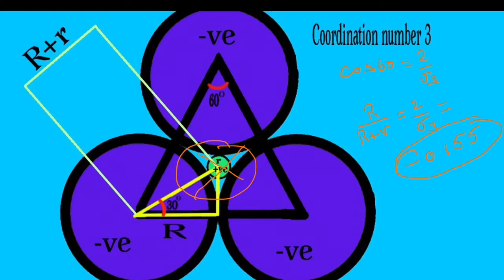When you have a negative value, that means there is no void present and there is no space for the cation to fit into this. Minus 0.155 means all the anions are very closely packed. So hence we are not going for the value cos 60.